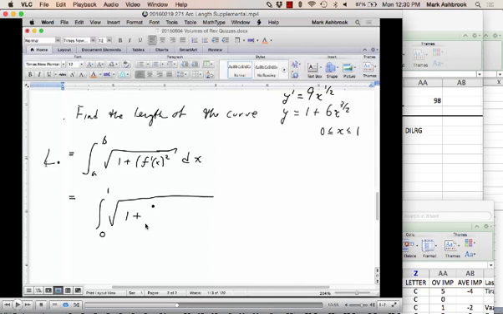So that's going to be the derivative, which is 9 square root of x, squared. And so what is that? 1 plus 81x, dx. This should be an easy antiderivative.